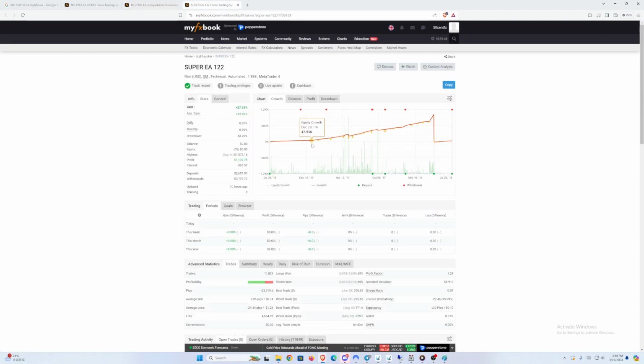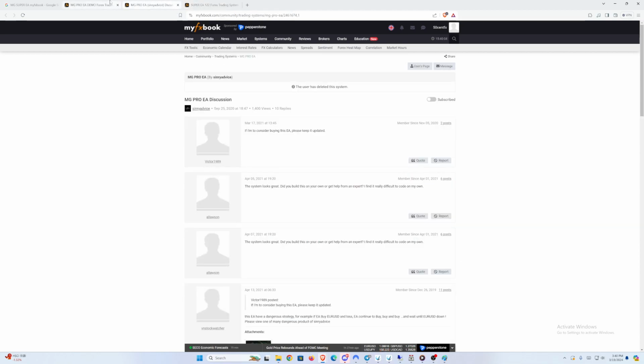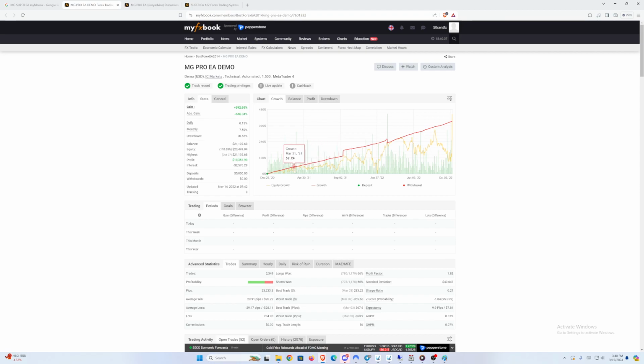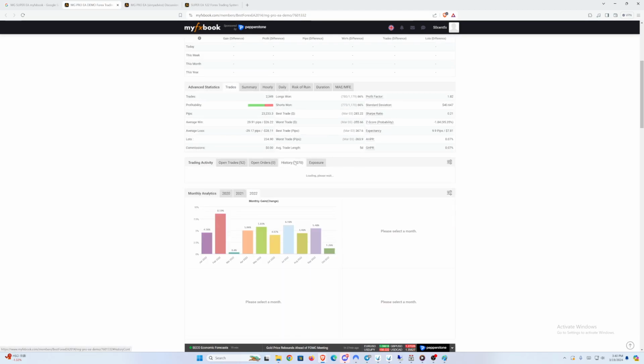Here the drawdown is 43%, but it is counting it from here. Let's look at the drawdown on the average days. This drawdown is really huge. It's around 20%. So what you would do with this is, let's look at their lot sizes and history.